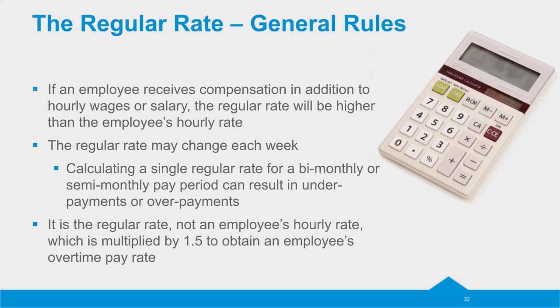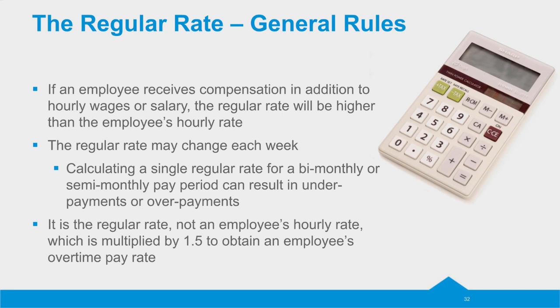Now let's talk about some general rules of the regular rate. It's all compensation that someone earns. And this is where sometimes there's a question of what needs to go in and what doesn't go in, and we'll talk about what compensation is included and what's excluded.